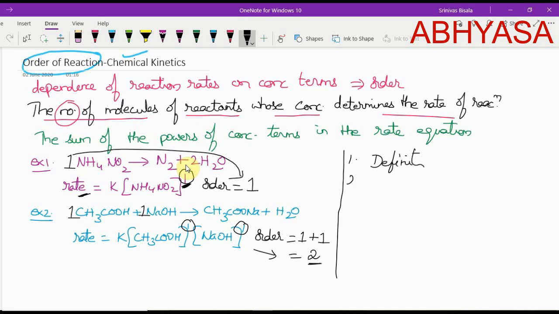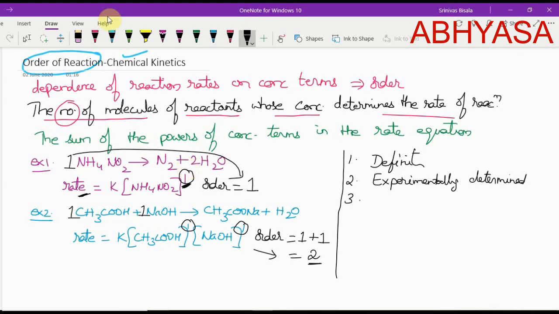And the second point is the order is an experimentally determined value. So how are we getting the order? The order is an experimentally determined value. Simply by looking at the equation, we cannot write down the order of the reaction.